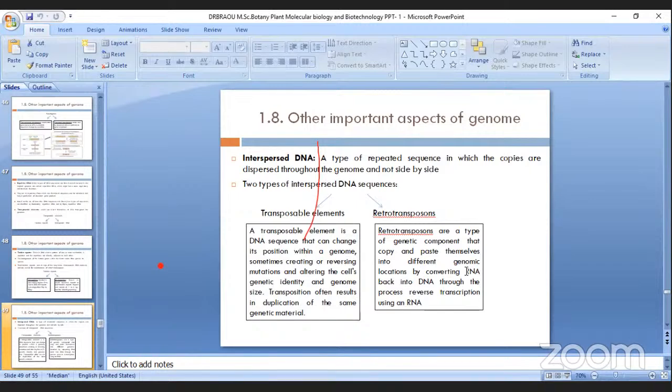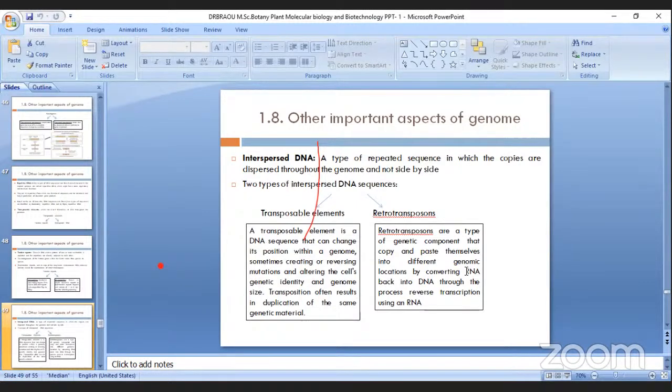So transposable elements are generally jumping sequences. While changing position, this might create or reverse mutations and alter the cell's genetic identity and genome size. Transposition often results in the duplication of the same genetic material.